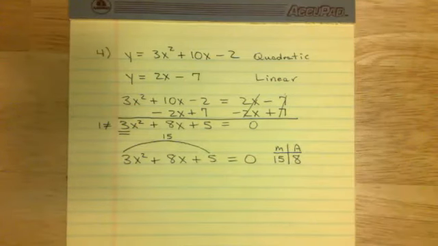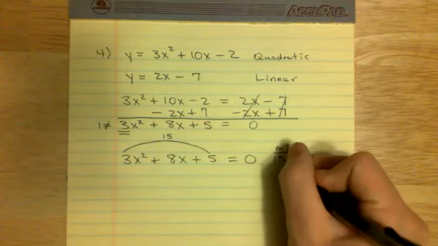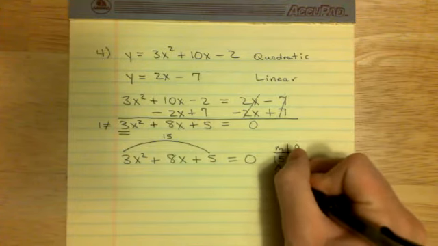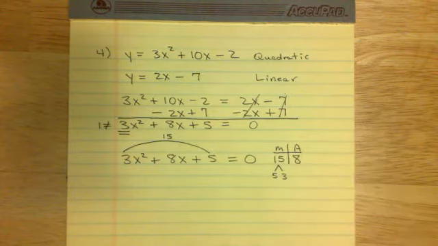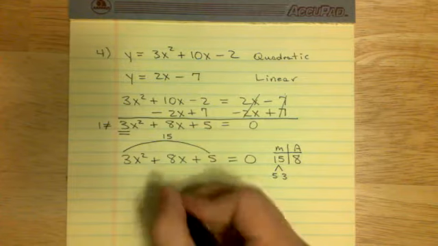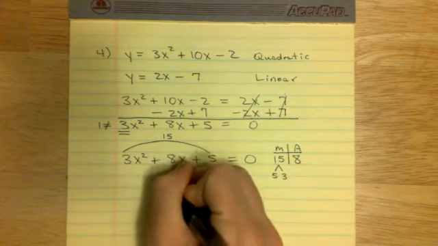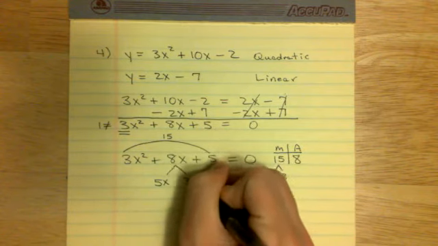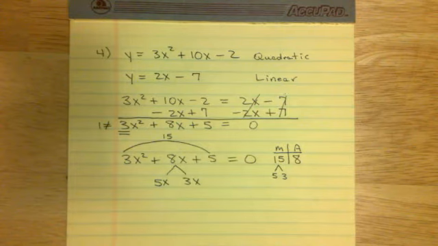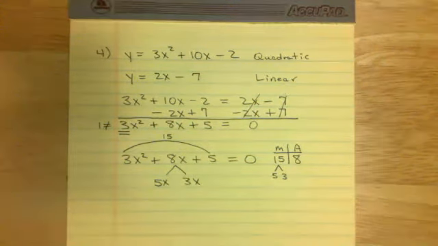So I need to find 2 numbers that will multiply to 15, but add up to 8. That's going to be 3 and 5. My 5 and my 3 are going to be the 2 numbers that I need to use. So I break apart the middle term into 5x and 3x.